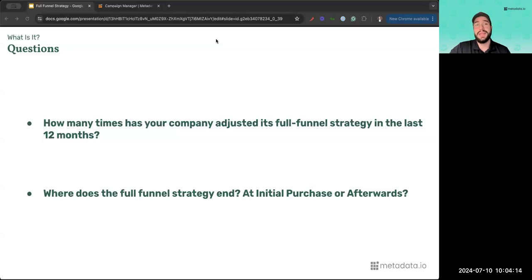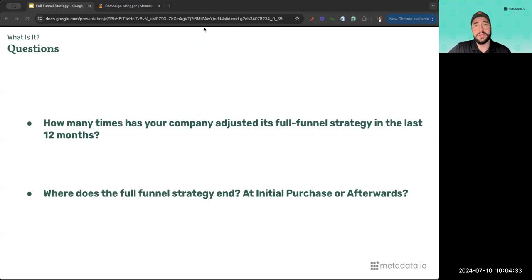Oftentimes, it ends at the closed won opportunity when a lot of those marketing conversations kind of trail off. But point A, completely unaware, and point B, being after initial purchase, is that holistic journey.